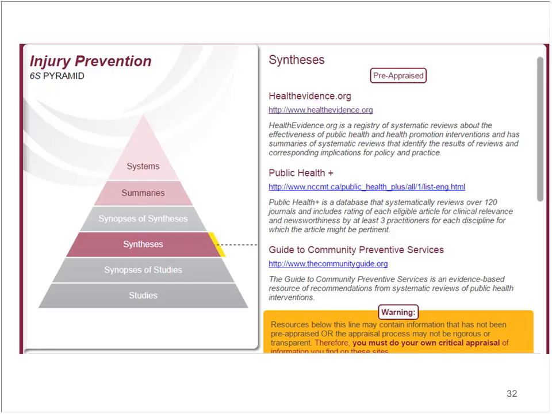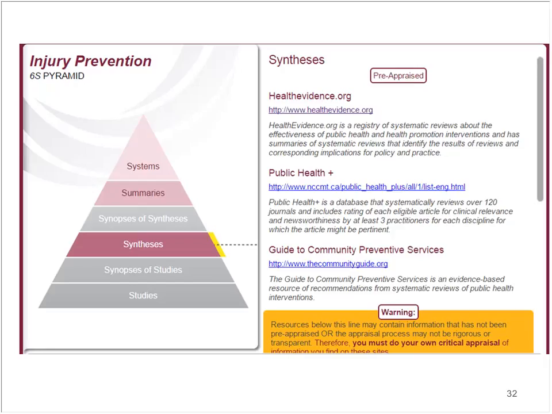But sometimes you don't find something that's really quite on target. It doesn't quite tell you what you're looking for, or doesn't give you the level of detail that you need to really be able to implement an intervention or make a good decision about what intervention to implement.